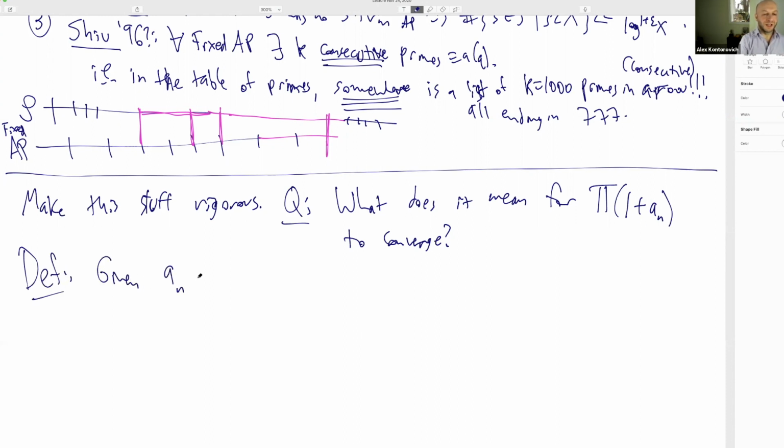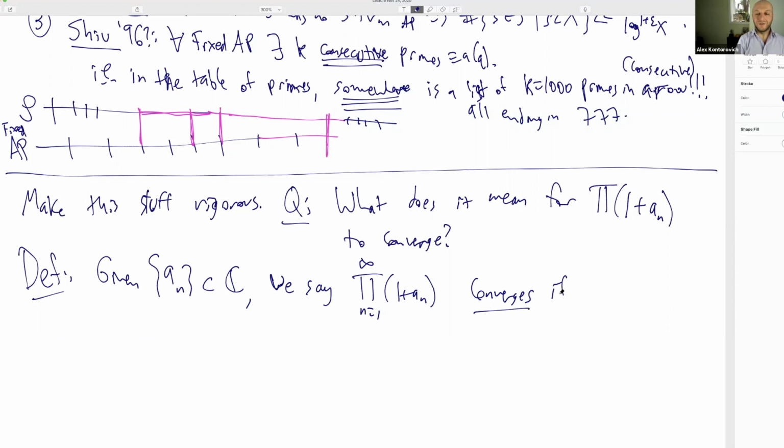Given some sequence a_n, a sequence of complex numbers, we say that the product converges if and only if, it's a definition, what?